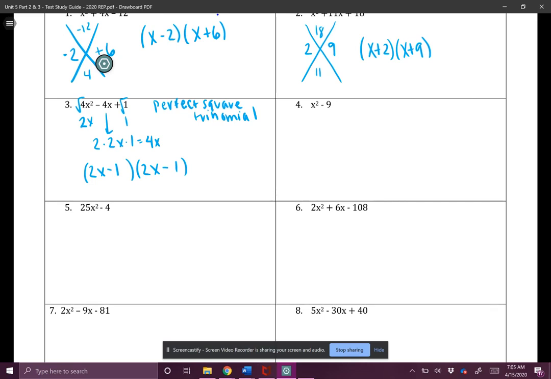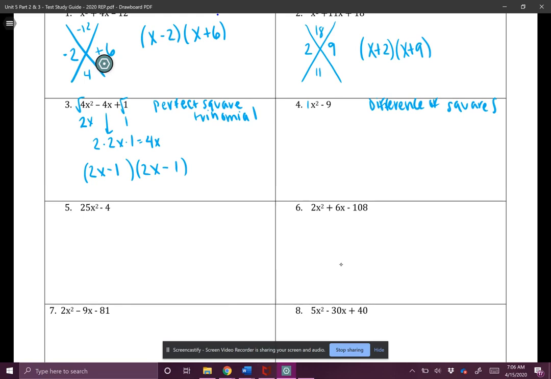Very good. Let's look at number 4. This is initially one where people get really stuck and they think it's pretty difficult, but this problem is just a difference of squares problem. Now, a way to identify difference of squares problems is that a and c are perfect squares, which 1 and 9 are perfect squares, and there is no b value.